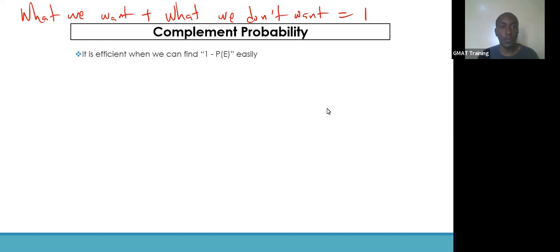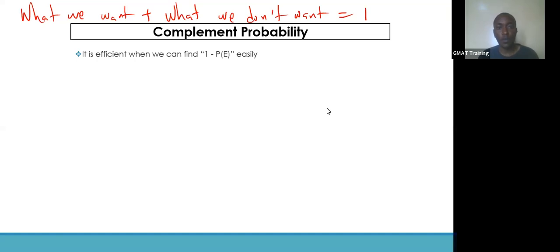So these are the complement probability. Finding the failures, then subtract that from the total possibility, that's 1. That's the whole probability. Then we find what we want. Okay, so it's efficient when you can find what we don't want and then subtract from the total.